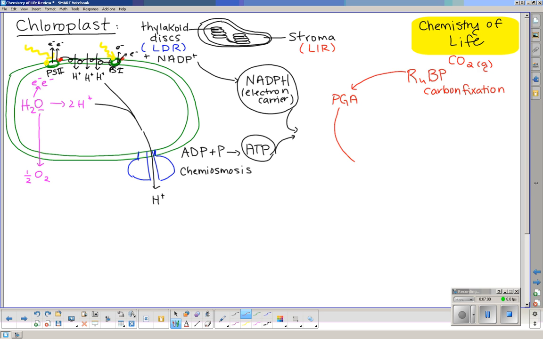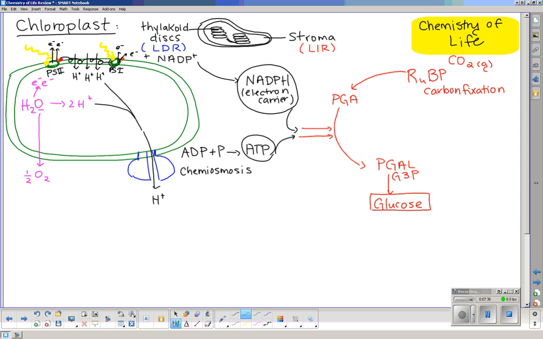A number of chemical reactions take place. NADPH provides reducing power, and ATP provides energy to modify PGA into a molecule called PGAL. This molecule called PGAL is also sometimes referred to as G3P. This is a precursor to glucose. Glucose is what we wanted out of photosynthesis.